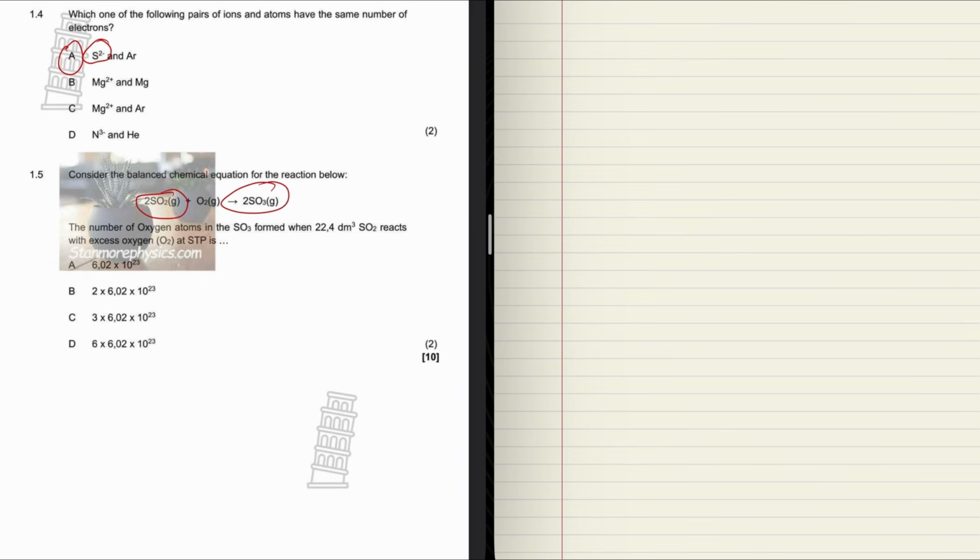Okay, so let's do this calculation. Since it is at STP, we can use the formula number of moles is equal to V over Vm. Now, the volume of SO2 is 22,4, and molar volume at STP is also 22,4, and so we have 1 mole of SO2.